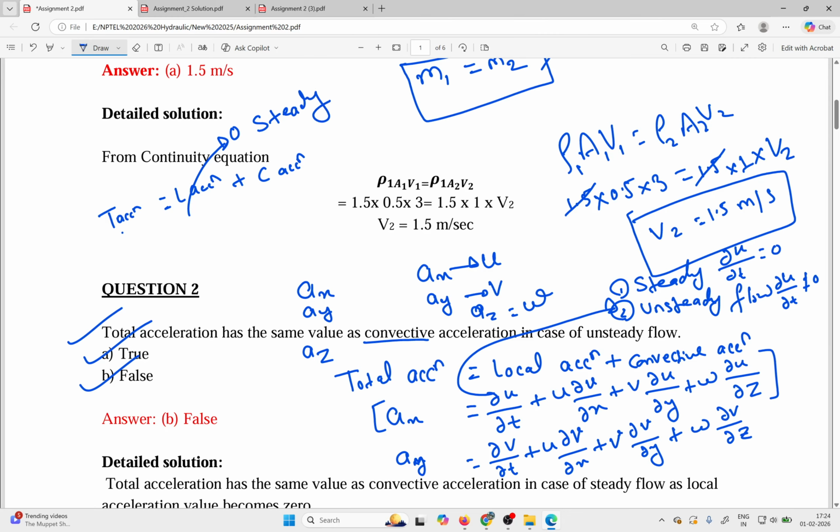But in case of unsteady flow, it will not be 0. That's why the option is false, because total acceleration in unsteady flow is equal to local acceleration and convective acceleration, not only the convective acceleration.